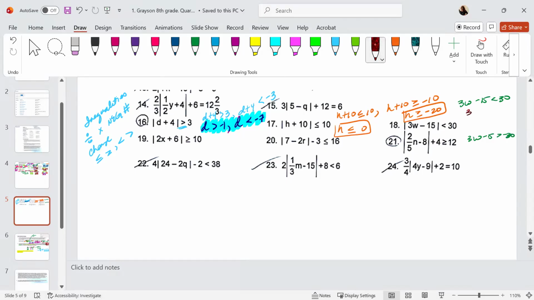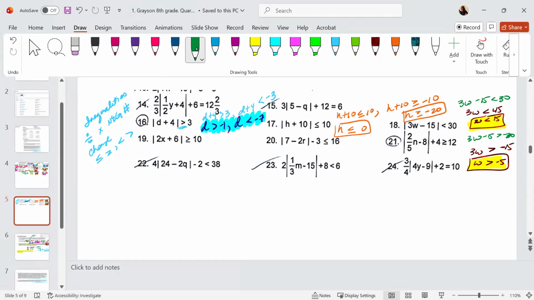So add the 15, 3w is less than 45. Divide, you get 15. Add the 15, negative 15. W is greater than negative 5. Those are your two answers. Okay with that?